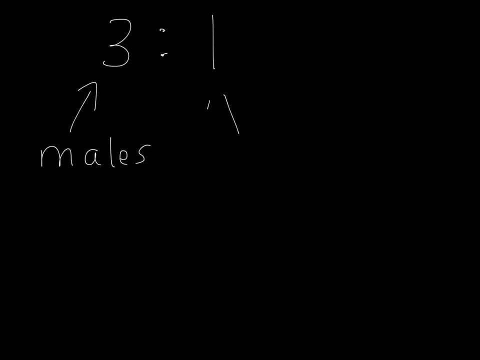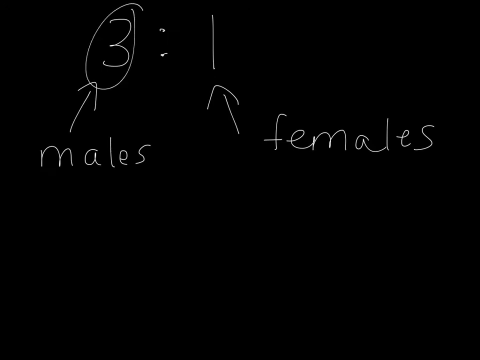Say there was a hockey tournament and the participation of males to females was 3-to-1. This stands for the males, and this stands for the females. It doesn't actually mean that there were only 3 boys and just 1 girl.